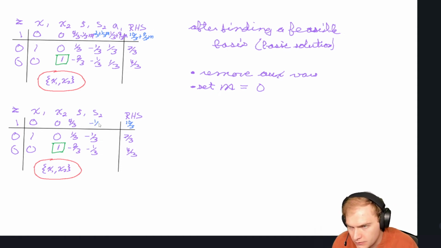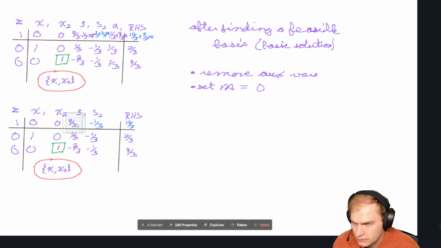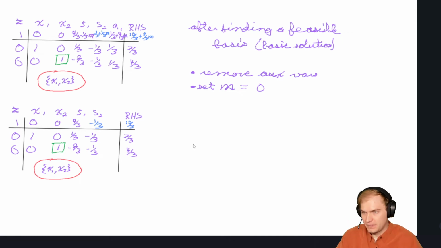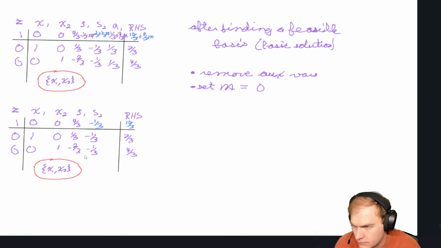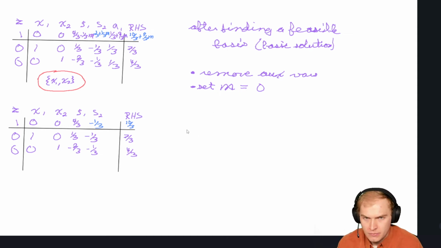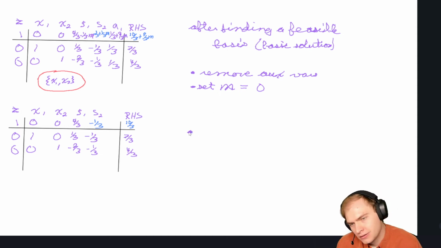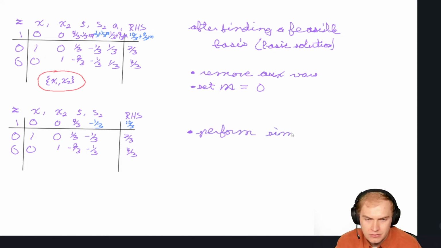So that is a negative 1/3. Then we perform simplex as usual.